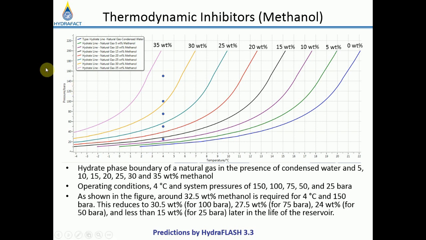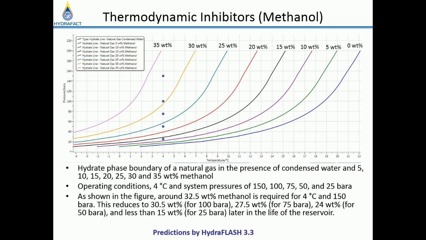This reduces to around 30.5 at 100 bar, and then drops to 27.5 at 75 bar, and is reduced to around, say, 23 weight percent when the pressure is 50 bar.